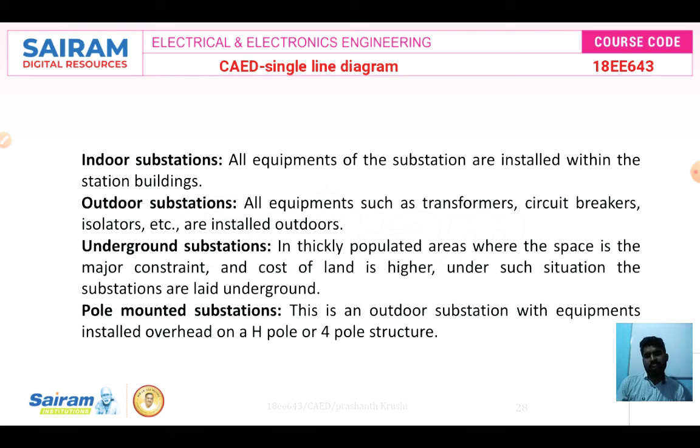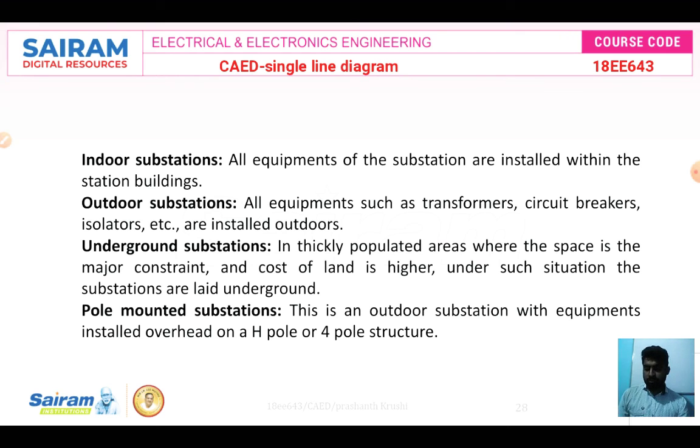And next, the pole mounted substation. The best example: at the backside of our college we have a concrete mounted substation, but nearby your surroundings there is an H pole mounted substation.